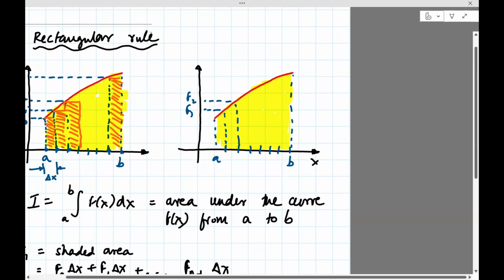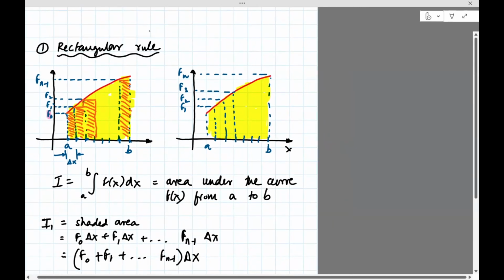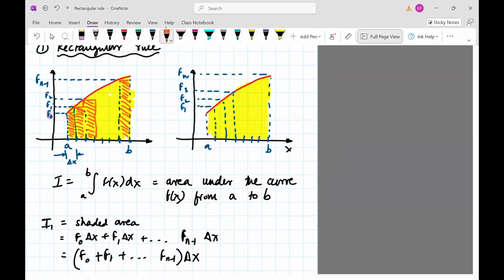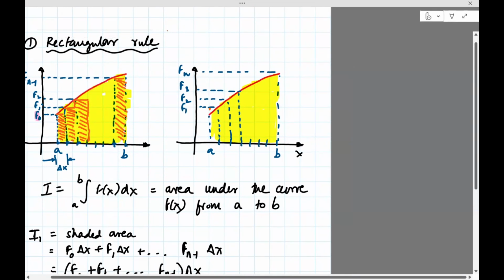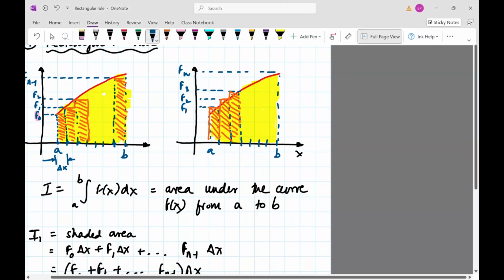This is f2. F3, F2, F1, and so on till we reach Fn. Okay, now I'm going to draw the rectangle slightly differently. So I'm going to draw this as my first rectangle, second one, third one, and so on till I reach the end.